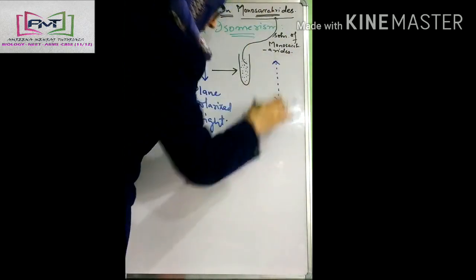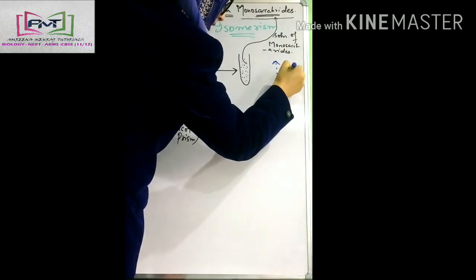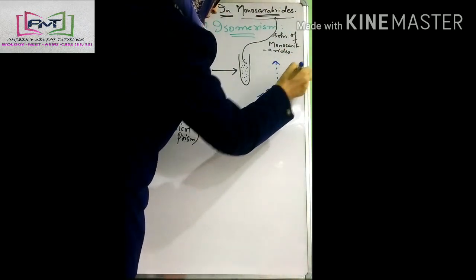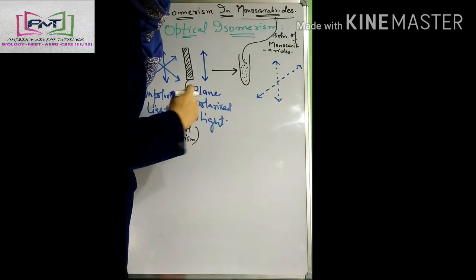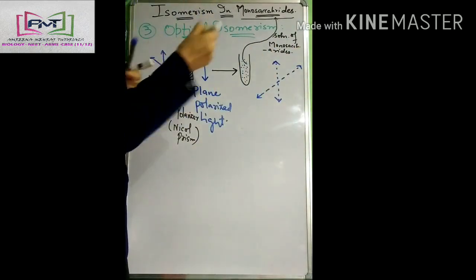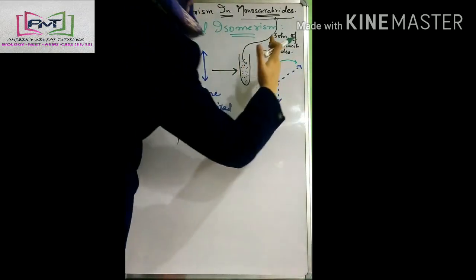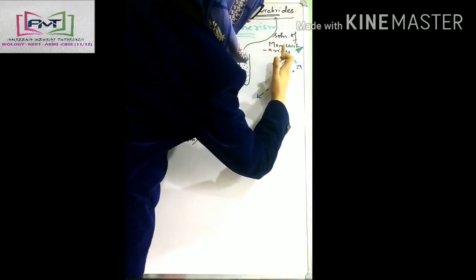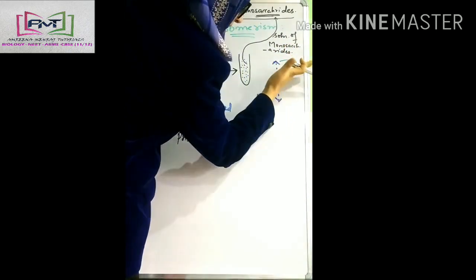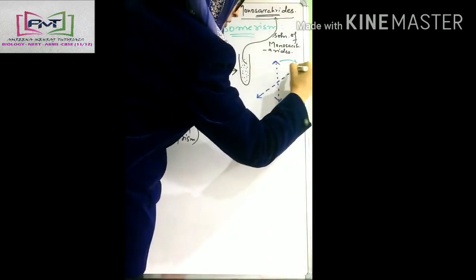Either this light, which was traveling like this, will bend towards the right direction, or you can say it will rotate towards the right direction. See, I have shown it here. Light has rotated. It was earlier like this. Now it has undergone rotation like this. Now it's traveling in which plane? In this plane. So what does this give you an indication about?